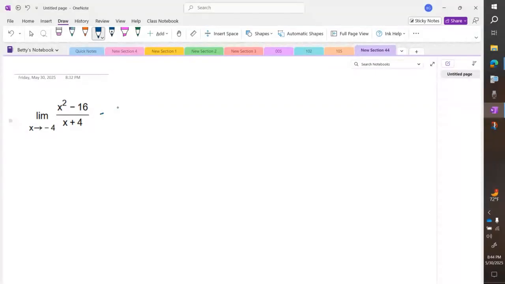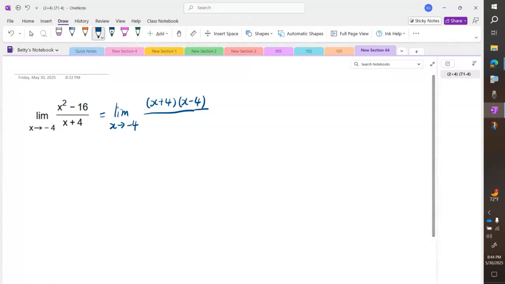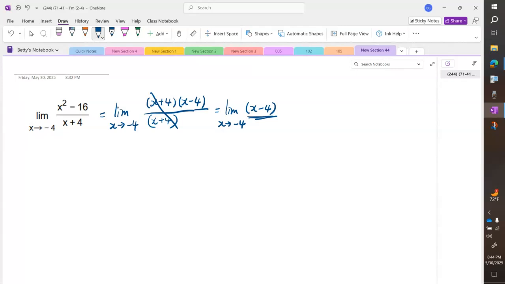So we have to rewrite the function. The numerator x squared minus 16 is x plus 4 times x minus 4. Denominator x plus 4. Numerator and denominator have common binomial factor x plus 4, so they can cancel. And we have the function x minus 4. When x approaches -4, x minus 4 approaches -4 minus 4, which is -8.